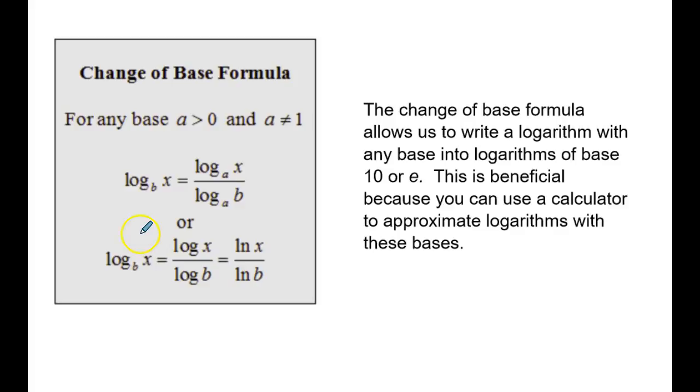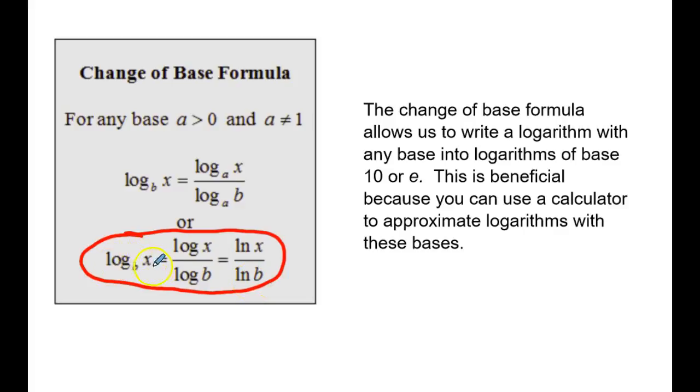So what you need to focus on this slide is this bottom portion. If you have a logarithm with a given base and that value, you can rewrite this using either the common log or the natural log. Doesn't matter which one you use. If you're using the common log, just make sure the numerator and denominator both have the common log. If you're using the natural log, the numerator and denominator both need to be in the natural log.